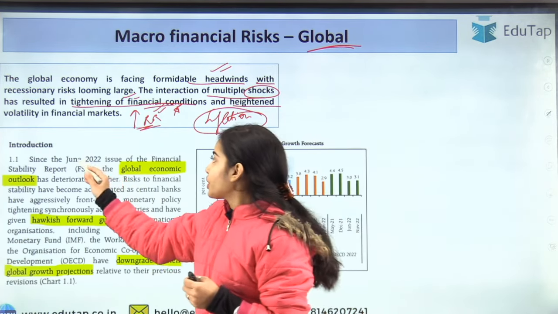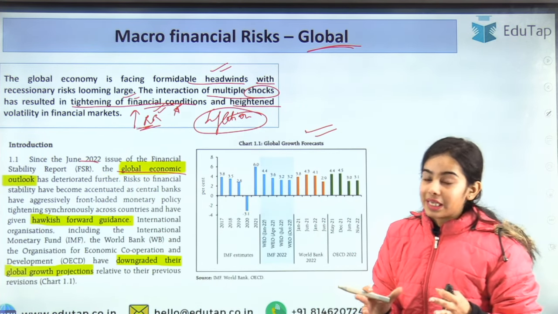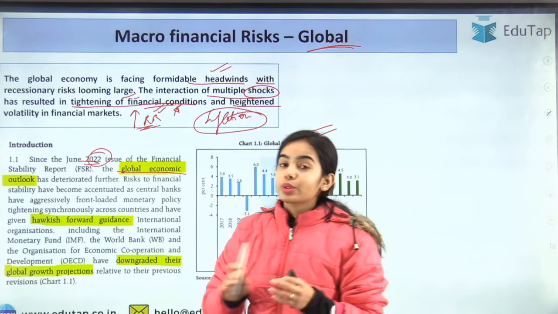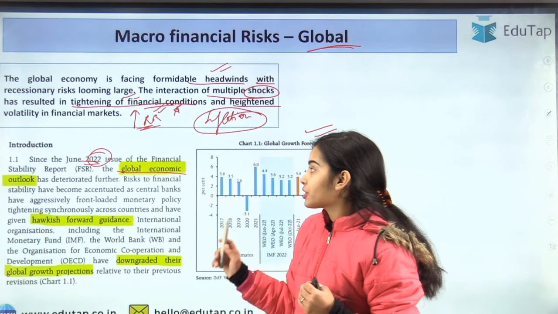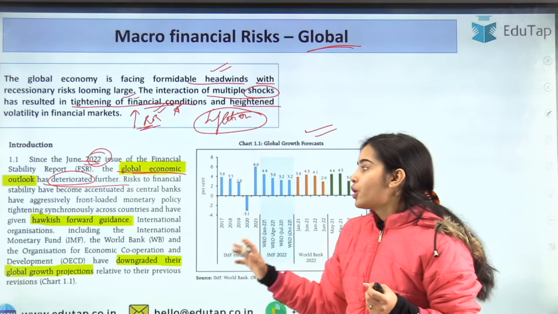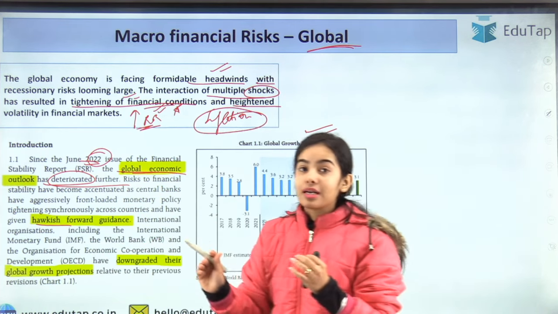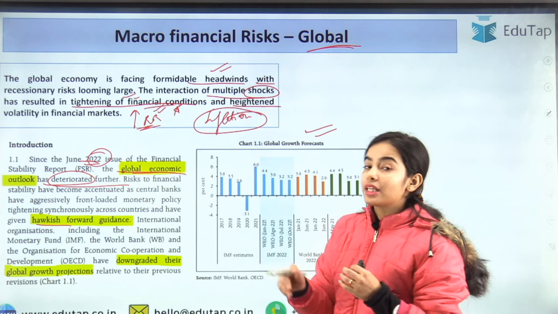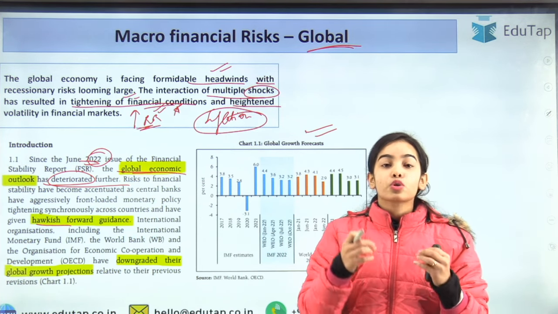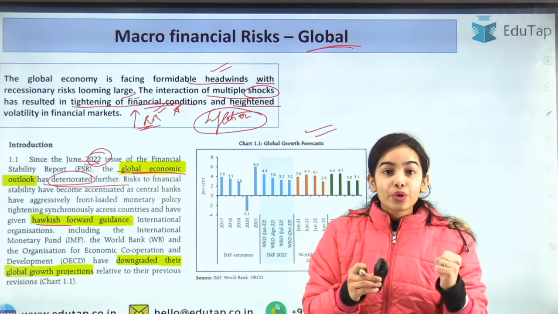Since June 2022, the global economic outlook has deteriorated further, since the last issue of the financial stability report. There are many risks, and hawkish stances are being taken by the global regulators, the central banks of different countries. Hawkish stance means that they are increasing their interest rates to control inflation.